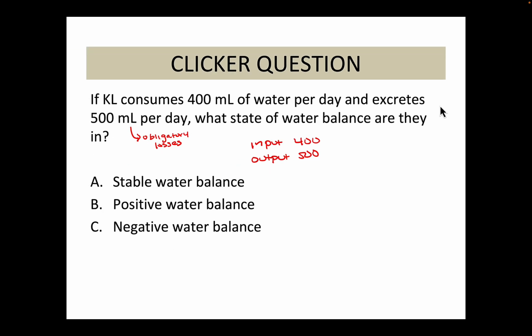We have to excrete that amount per day just to keep the body functioning. So even if you don't consume very much water, let's say only 400, we still have to excrete 500. What state of water balance are they in? Well, input is less than the output. That is negative water balance, or we're losing water every day, and that could very quickly lead to dehydration.